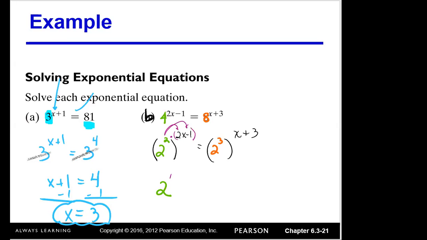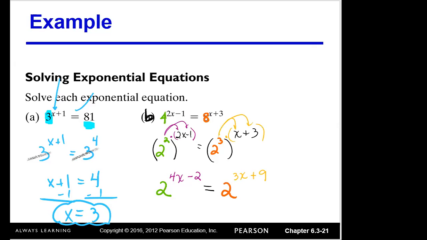So this is going to become 4x minus 2 equals, and then on the other side, it's going to be a 2 raised to the, I've got a 3 times an x plus 3, power to a power, you multiply, but I have to use the distributive property to multiply them, and I get 3x plus 9.